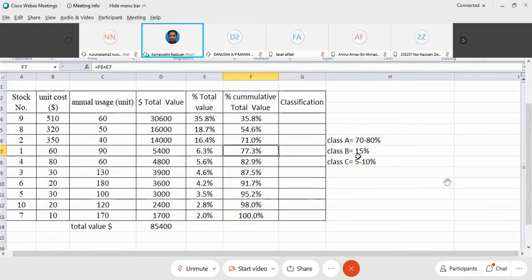We knew that 80%, so try to do the deduction at this percentage cumulative total value. Let's say 80% minus 77.3%.